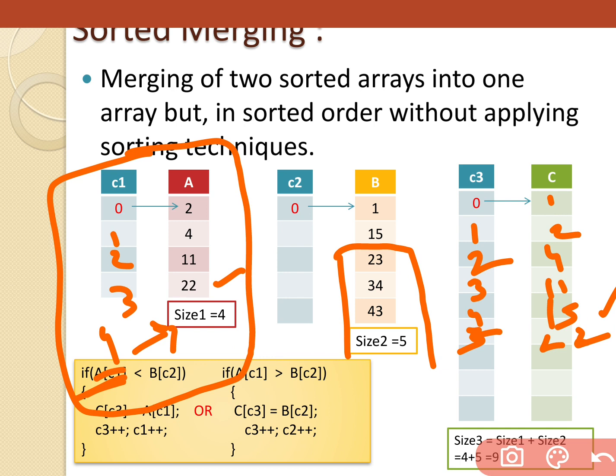If our counting comes towards the size, we have to fill the other array completely. Means now we have to write 23 here, then 34 and then 43. In this way we have to fill this array one by one.